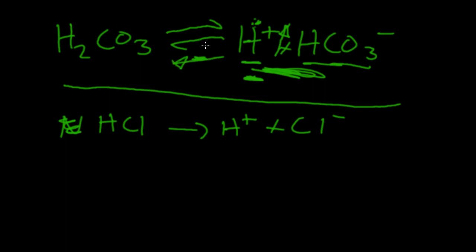So the back reaction is going to speed up, which means we'll get more of this and less of both of these. So if we increase the H+ concentration, and there's already a weak acid in there, more of that weak acid is going to reassociate, and we're going to get a drop in the amount of it that's contributing to H+.